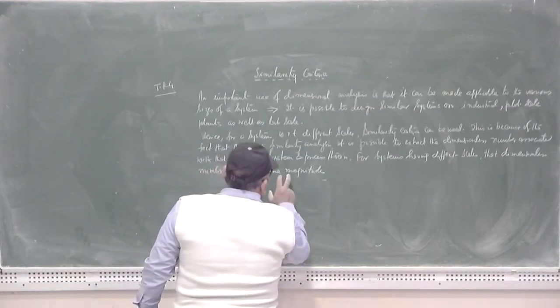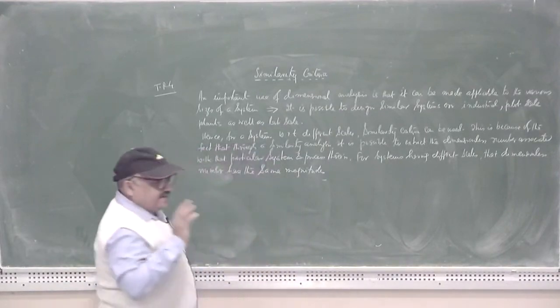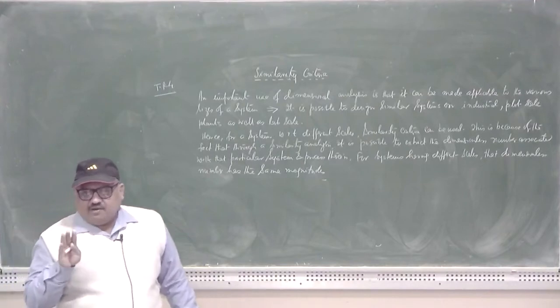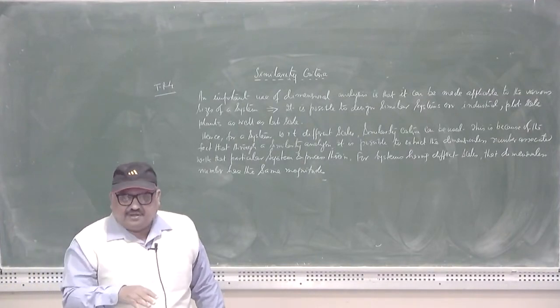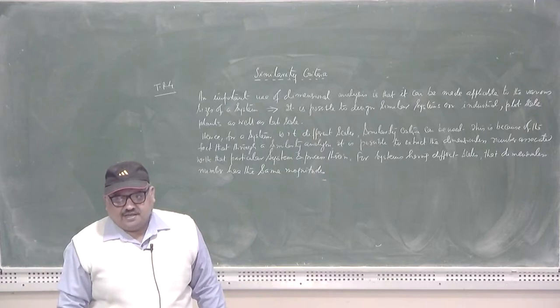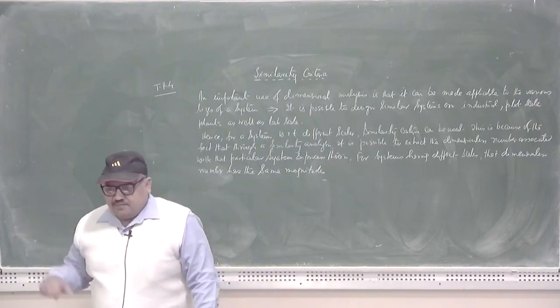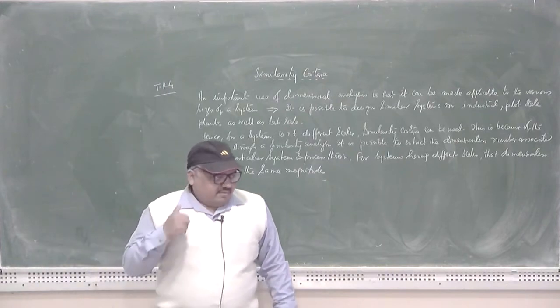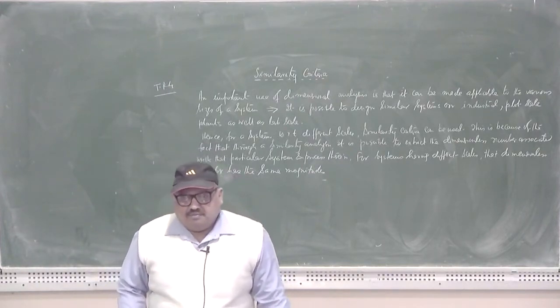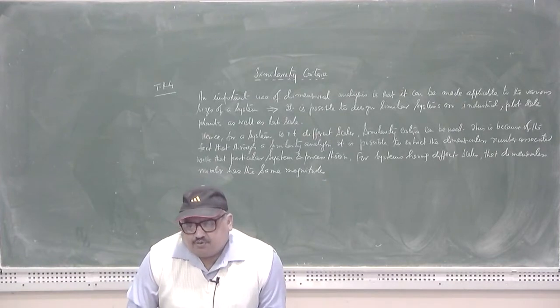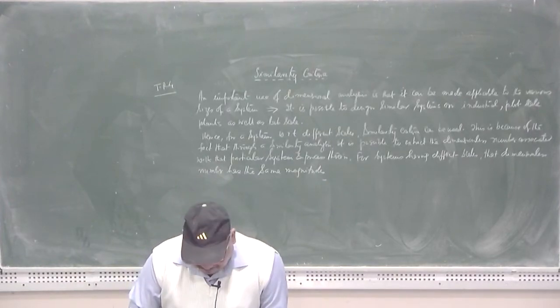That can be extracted, that can be decided, that can be evaluated, that can be framed using the similarity criteria. At the end of the class, I will cite an example and I will do the necessary mathematical steps in order to establish this statement.